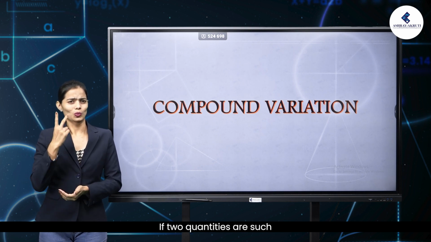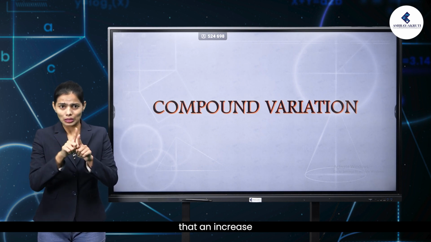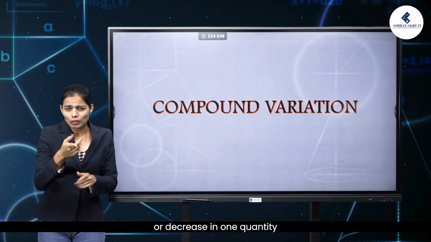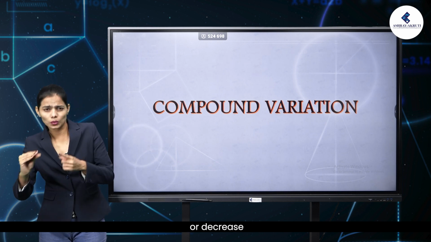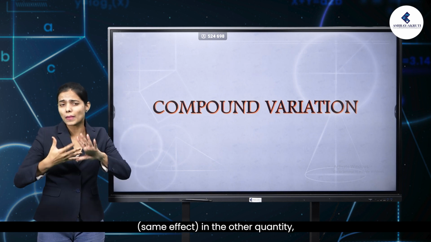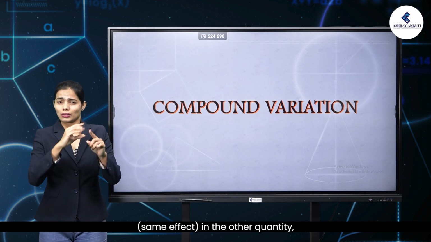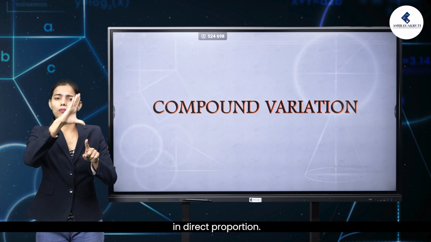If two quantities are such that an increase or decrease in one quantity makes a corresponding increase or decrease, the same effect, in the other quantity, then they are said to be in direct proportion.